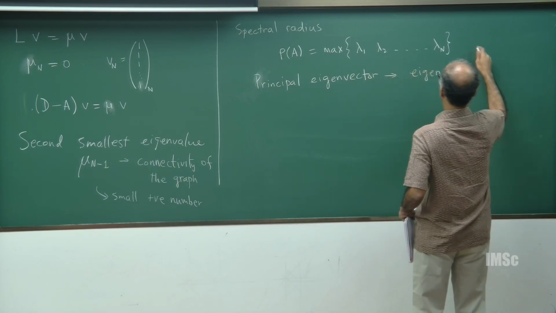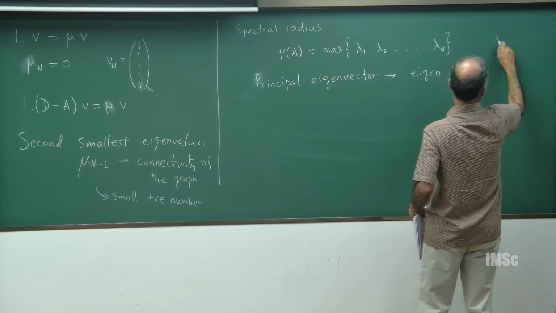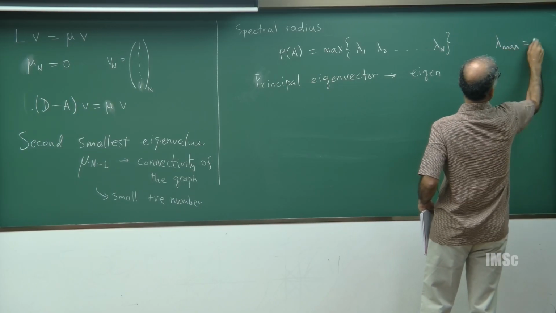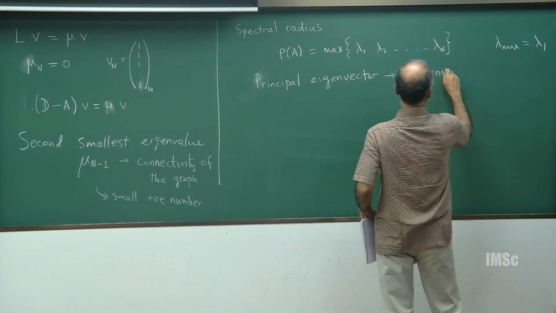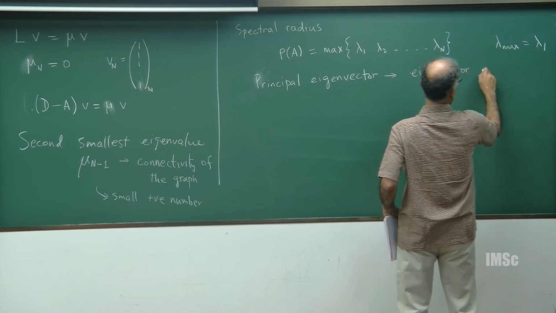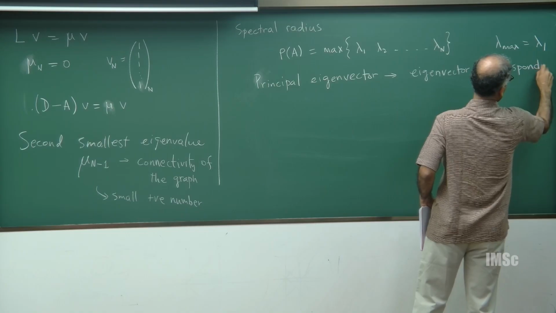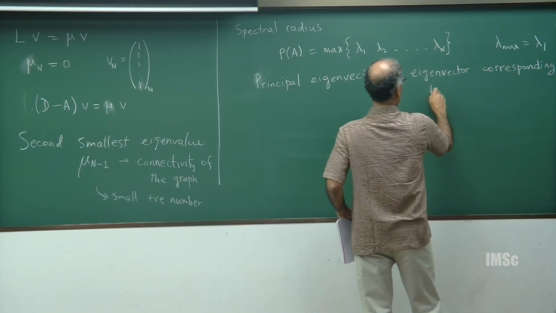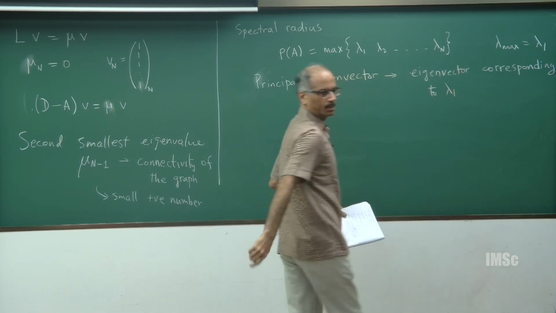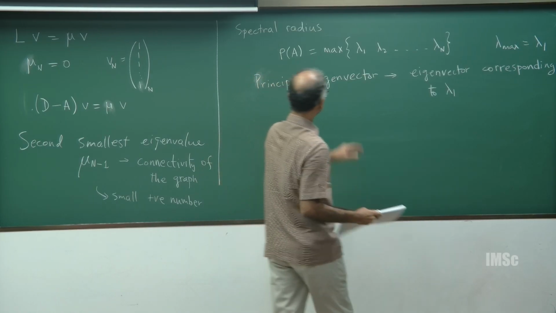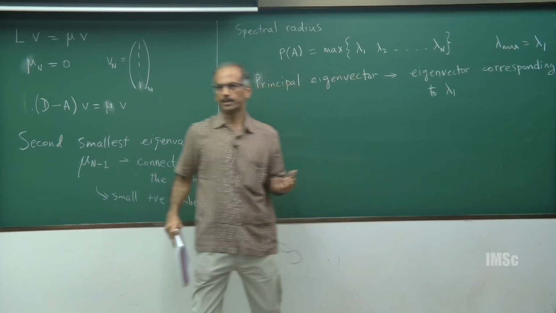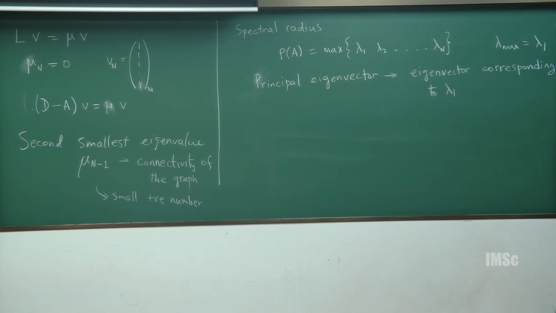Let us say that maximum is actually lambda 1, then it is the eigenvector corresponding to lambda 1. And this eigenvector is very important in many applications ranging from lots of stochastic processes.